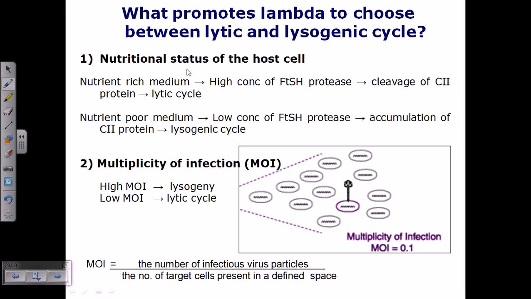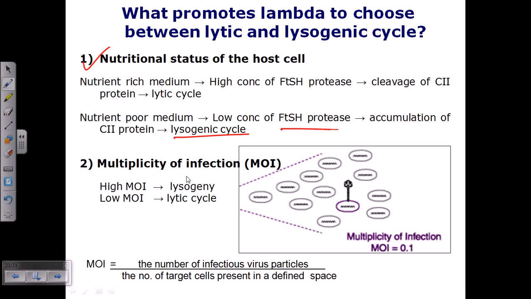In the first, if there is a nutrient-rich medium and a high concentration of FtsH protease, it can cleave the CII protein, and then it can turn into the lytic phase. If the phage is in a nutrient-poor medium, there will be a low concentration of FtsH protease, so CII protein accumulates and it converts into the lysogenic cycle. So more nutrition, lytic cycle; less nutrition, lysogenic cycle.